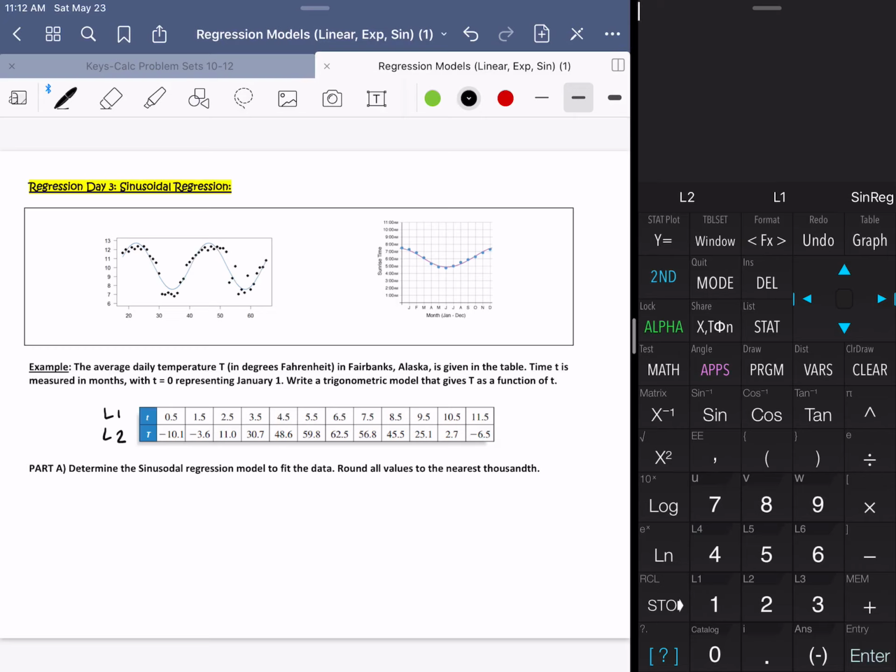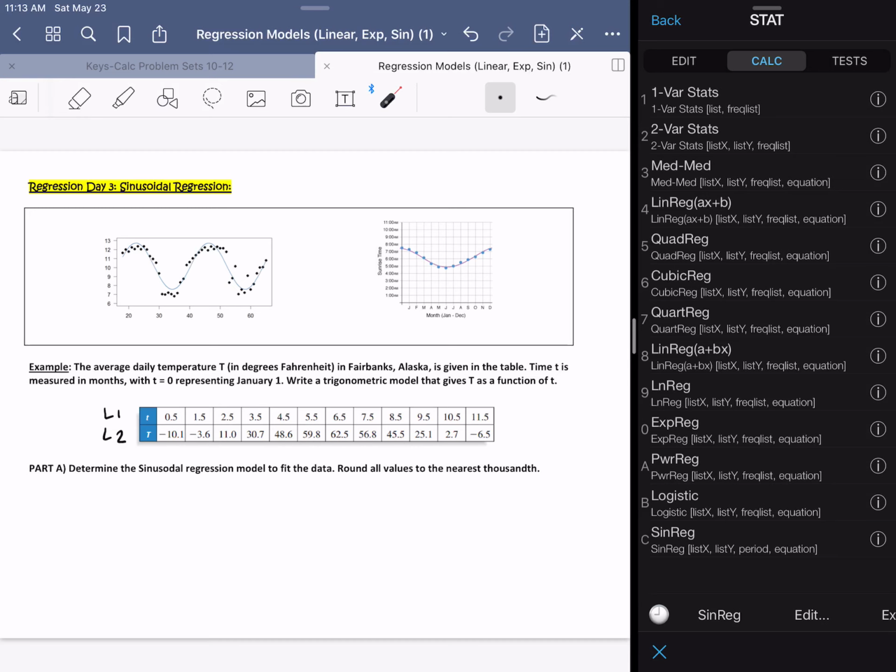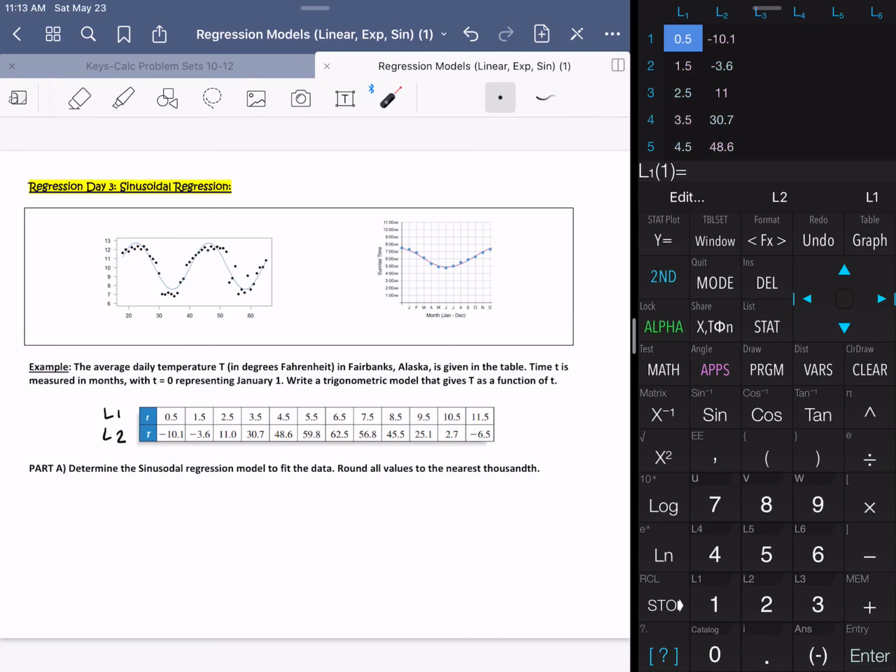ready to continue. So part A here asks us to find the sinusoidal regression model to fit the data. Round all values to the nearest thousandth, which is 3 decimal places. So we're going to hit stat, and we're going to hit edit, and you're going to put your numbers in. I've already done that just to save time. You'll hit second quit to get rid of everything.